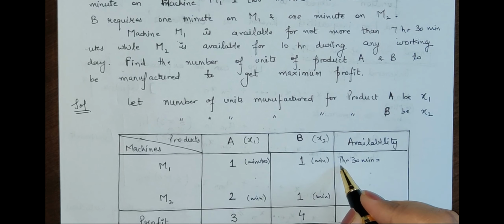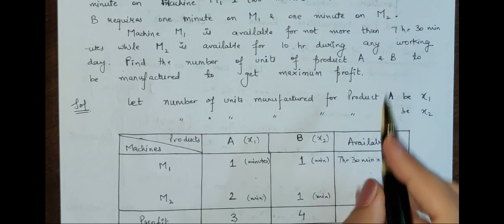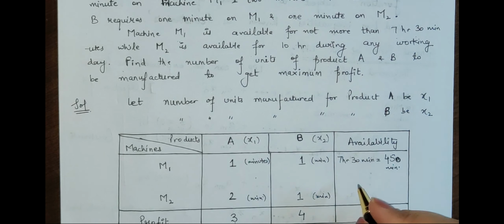So 7 hours means 7 into 60, 420, plus 30, so overall we have 450 minutes. And similarly, the second one, M2 is available for 10 hours. 10 hours is equal to 10 into 60, that is 600 minutes.